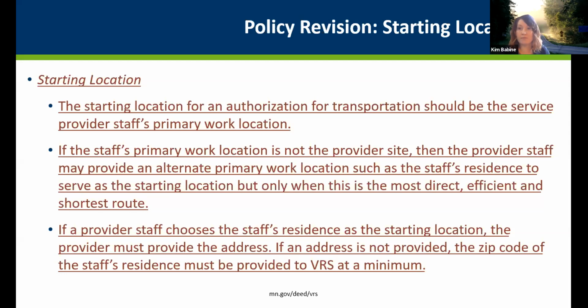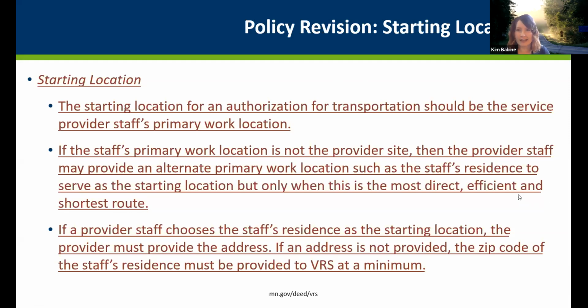Now, if the community partner staff is not at the provider site, like the HQ or the office, then the provider staff may provide an alternate work location, such as if someone's working from home. You can only use this when it's the most direct, efficient, shortest route.